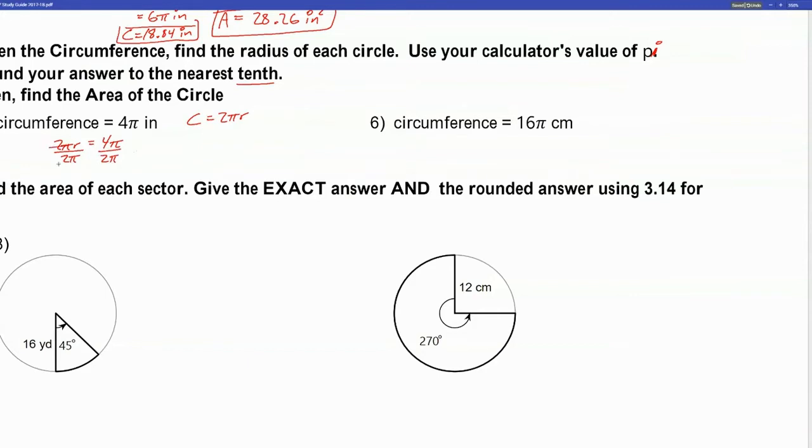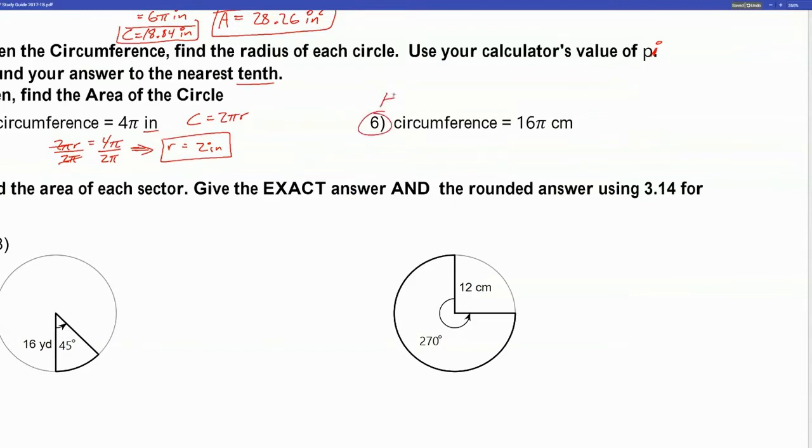So radius equals 4 pi divided by 2, which is just 2. Now remember context, it's in inches, so your radius is 2 inches. I think that's all they wanted there.